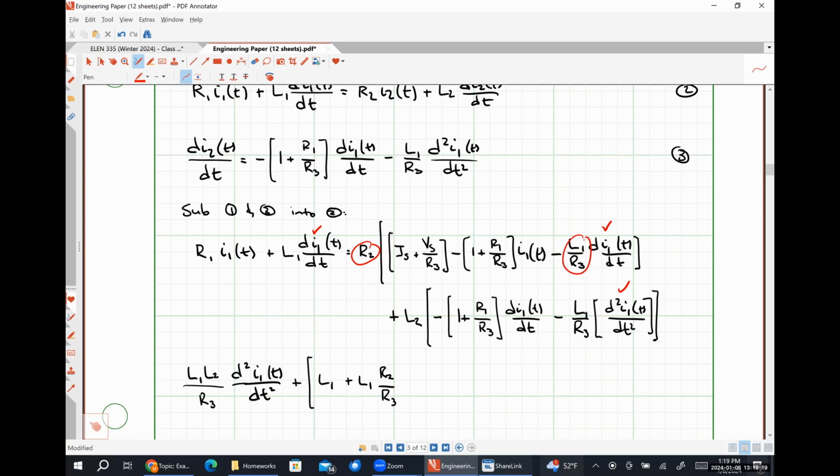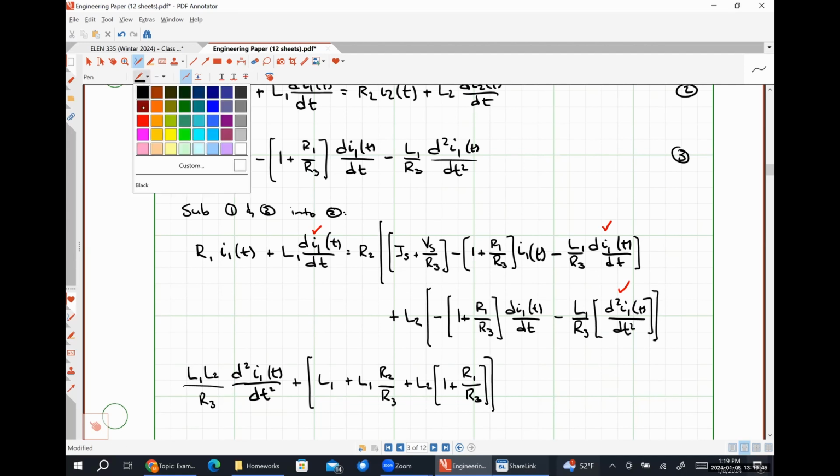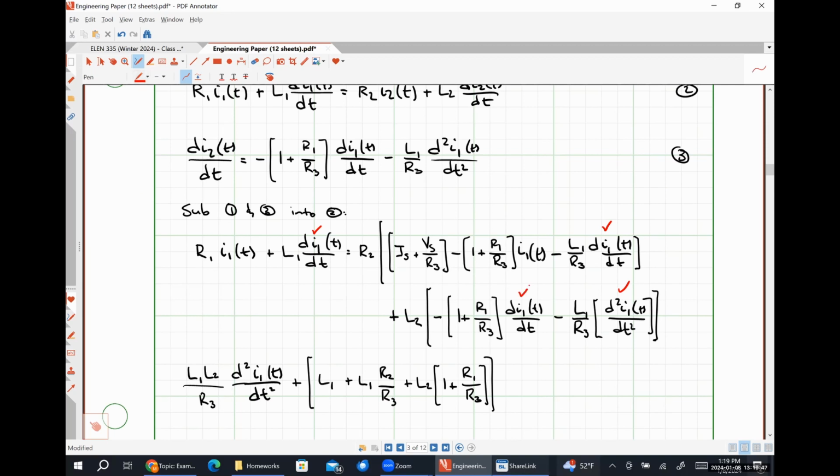So I move the L1 to the outside, have R2 over R3, so I think that's okay. Then I'm going to have plus L2 times 1 plus R1 over R3. That is from this term right here. This is multiplied by the derivative of I1 with respect to time.